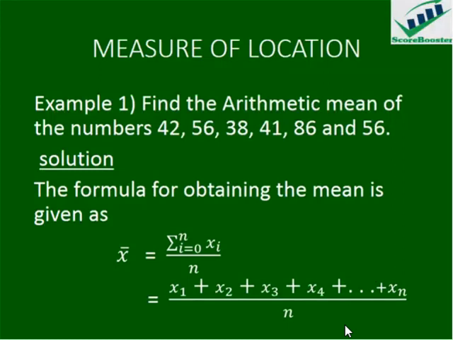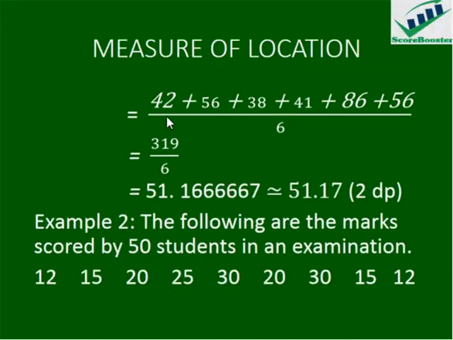So now our x1 is 42 plus 56 plus 38 plus 41 plus 86 plus 56 divided by the total number of items, which is 1, 2, 3, 4, 5, 6, and that is why we have 6 here. So we should add this up.